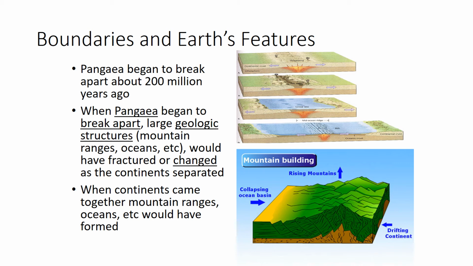And when it began to break apart, large geologic structures, mountain ranges, and oceans fractured and changed as things moved around. When continents came together, mountain ranges formed, and we see that with things like the Appalachian Mountains and the Himalayan Mountains. Those are things that we're seeing from continents coming together, and then oceans forming where things came apart.